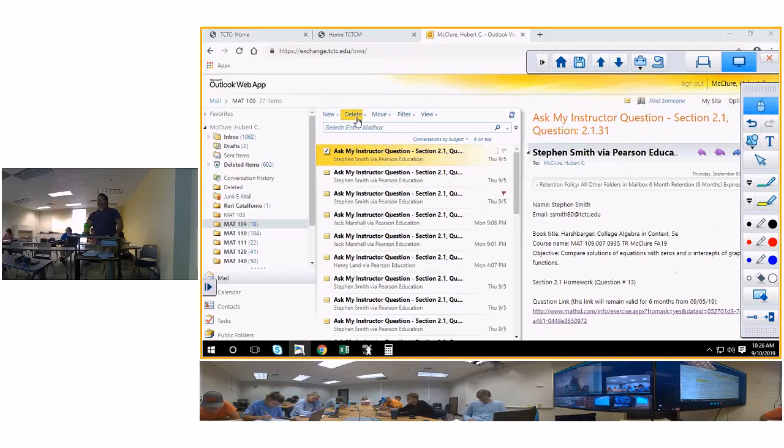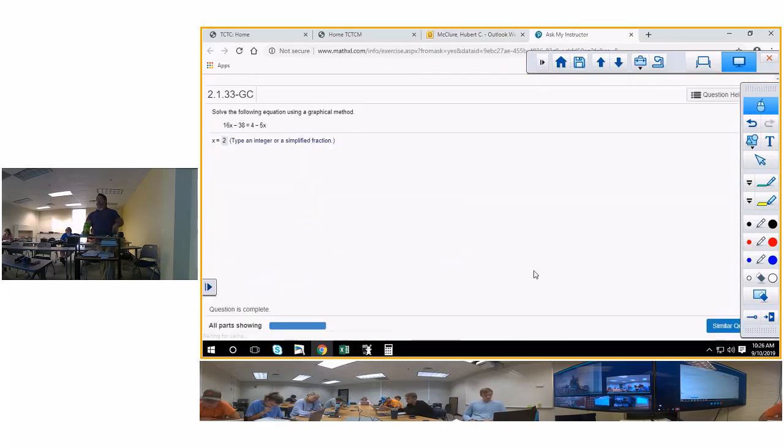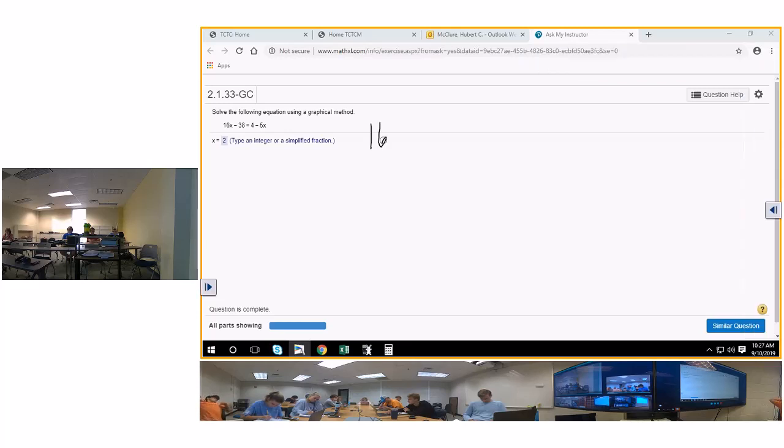Next one. 2.133/14. I feel like I'm doing y'all's homework for you. Solve the equation by graphing. This is a test question. So, first of all, you got to solve for what? Variable. You can't solve for y. So you just quit, right? Yeah. 16x cannot be done.